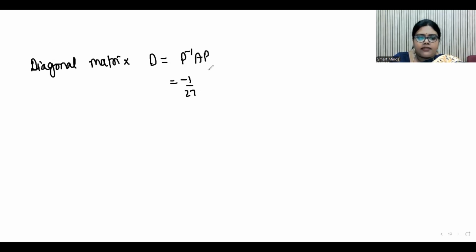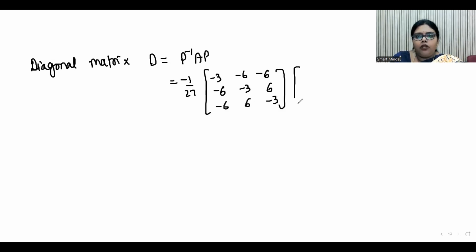After finding AP, let us find out diagonal matrix. After P, we need to find out D. What is D? P inverse AP. That means we need to multiply P inverse matrix with AP matrix. So that is minus 1 by 27 into minus 3, minus 6, minus 6, minus 6, minus 3, 6, minus 6, 6, minus 3 into what is AP matrix? 0, 6, 30, 0, 3, minus 30, 0, minus 6, 15.